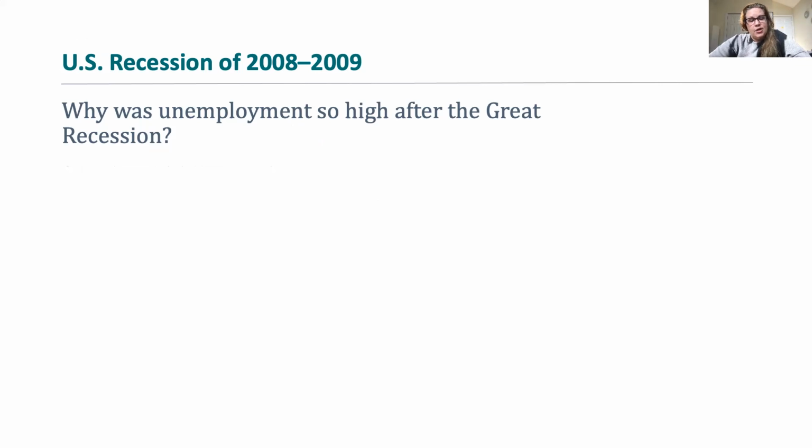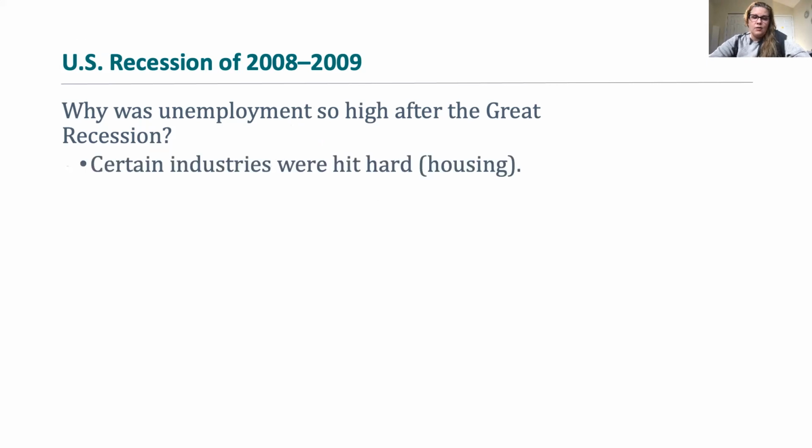Let's first consider the Great Recession of 2008, 2009. Why was unemployment so high? Well, during that period of time, certain industries were hit especially hard as the result of a bubble, or what you might have heard called the housing crisis.